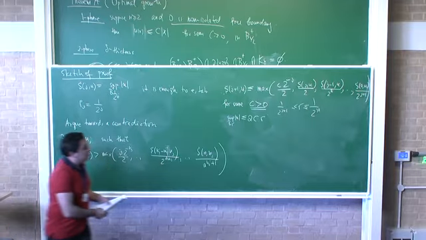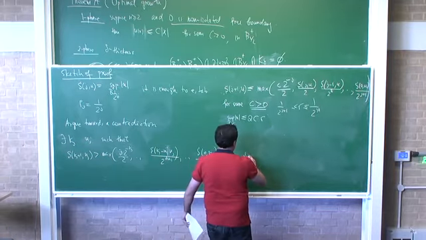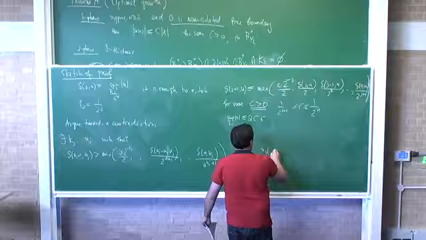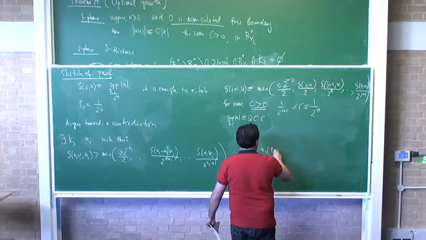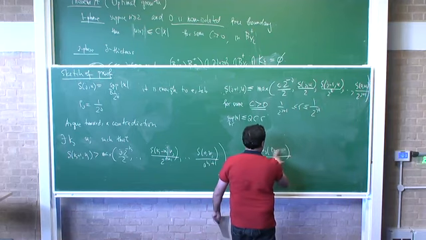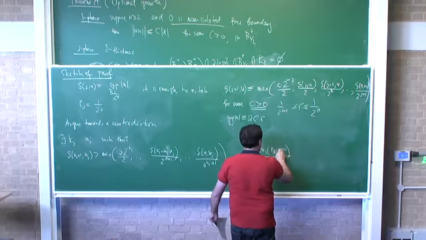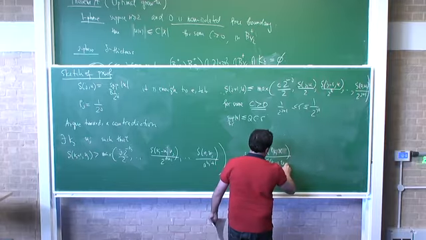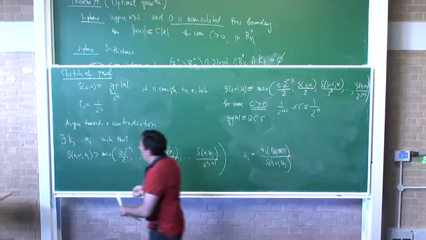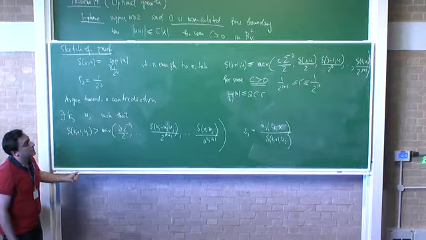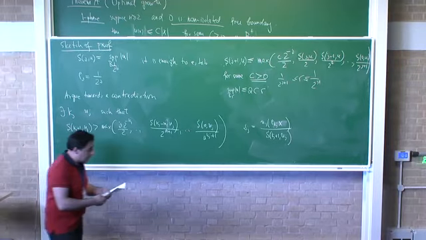Then you consider a scaled function, say v_j, which is defined as u_j(ρ_{k_j+1} x) over S_{k_j+1}(u_j). You check that this sequence of functions enjoys a number of interesting properties.